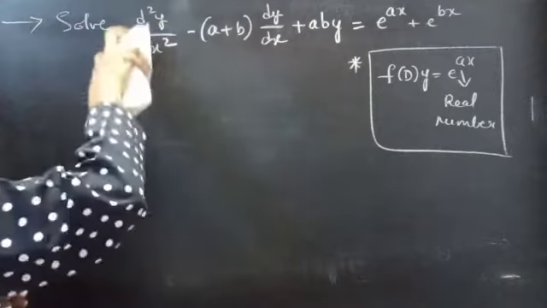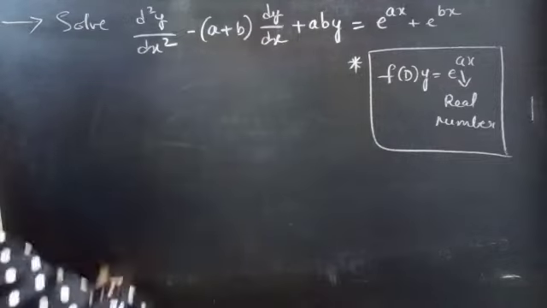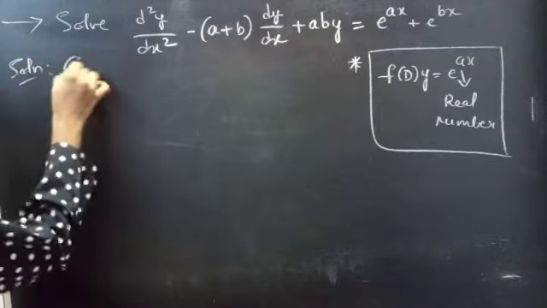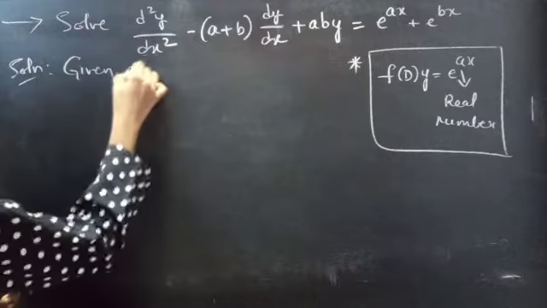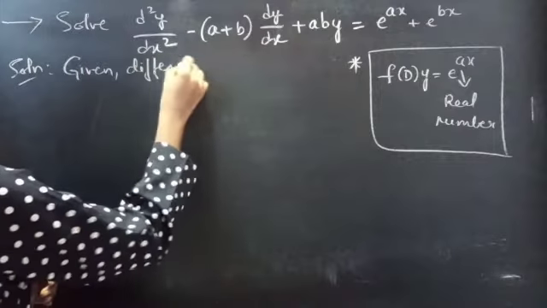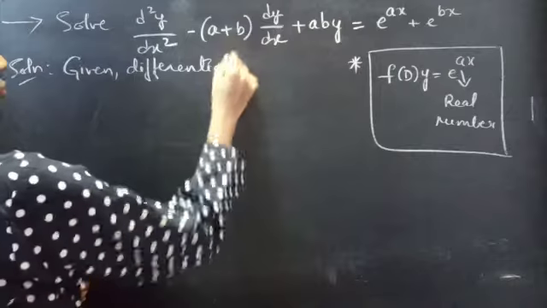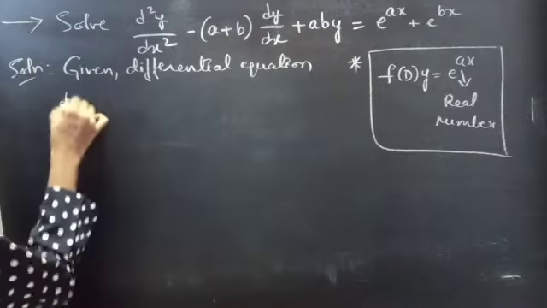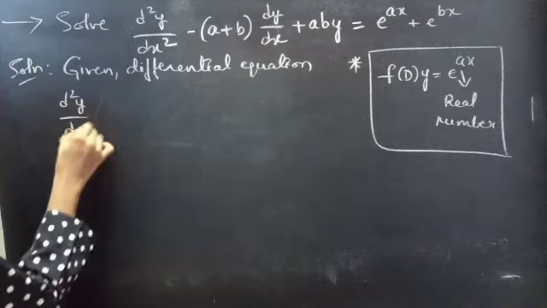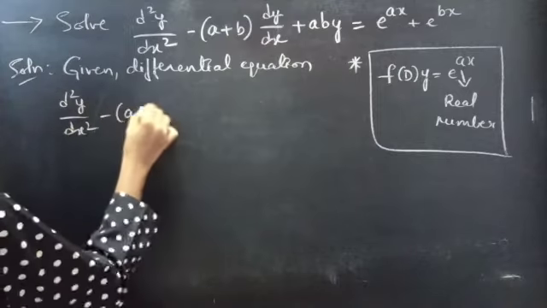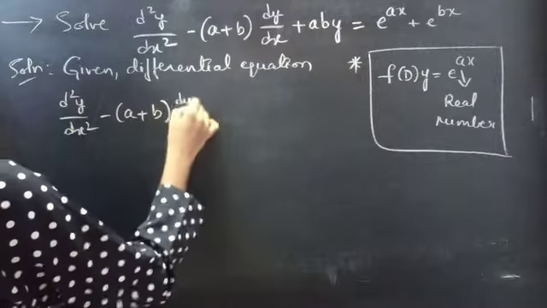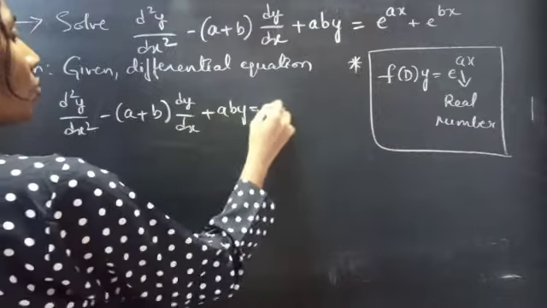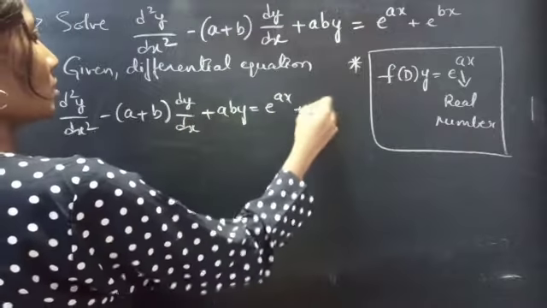Now coming to the solution. Given differential equation: d square y by dx square minus (a plus b) into dy by dx plus aby equals e power ax plus e power bx.